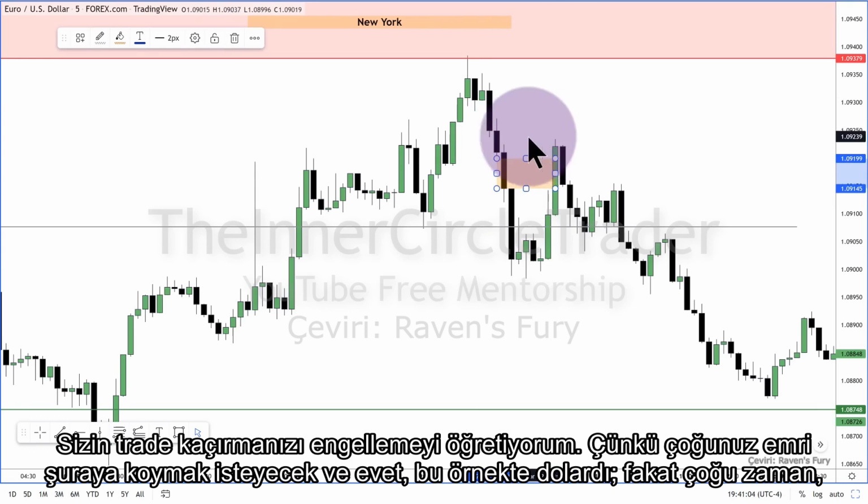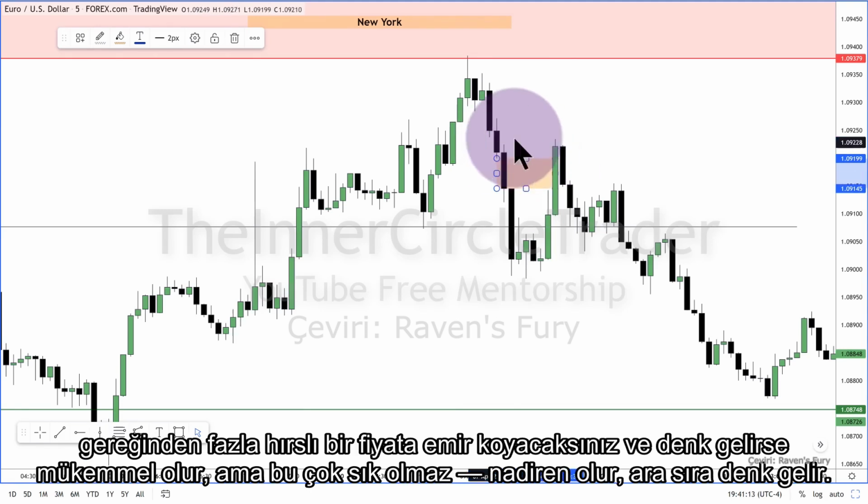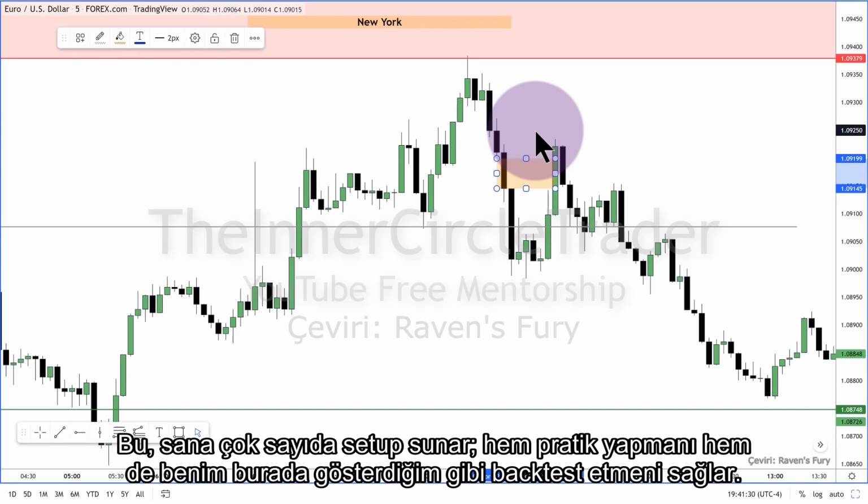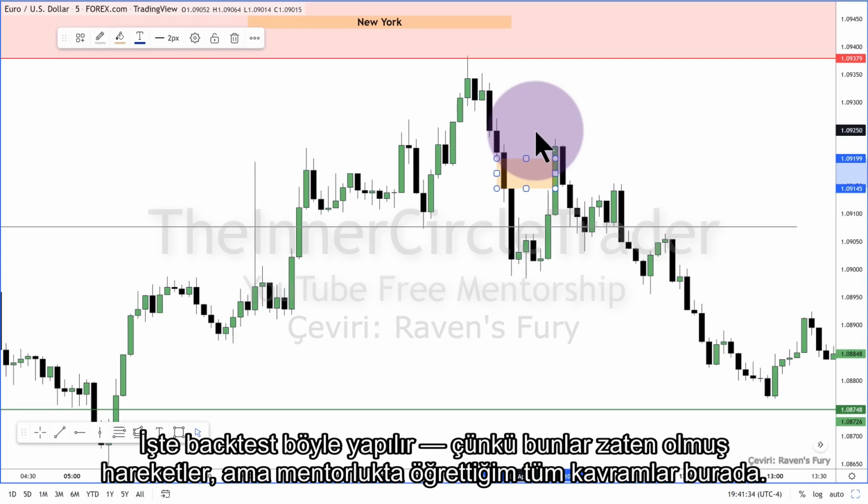I'm trying to teach you how to avoid missing trades, because a lot of you are going to want to put an order up in here, and yes, it would have been filled on this instance, but many times you're going to have an order placed at a really overzealous price point that if you nail it, it's beautiful, but they don't happen a lot. It's fleeting. It happens once in a while. So I'm trying to give you something that allows you to operate consistently, gives you lots of setups that will allow you to practice, also back test like I'm showing you here. It's just how you back test, because this has already happened.